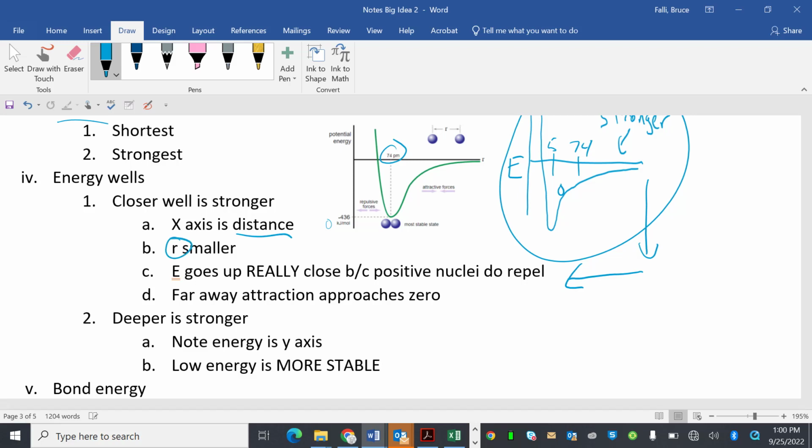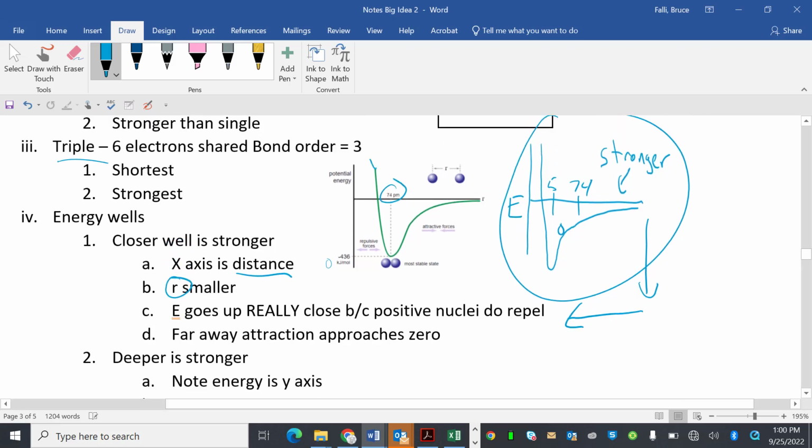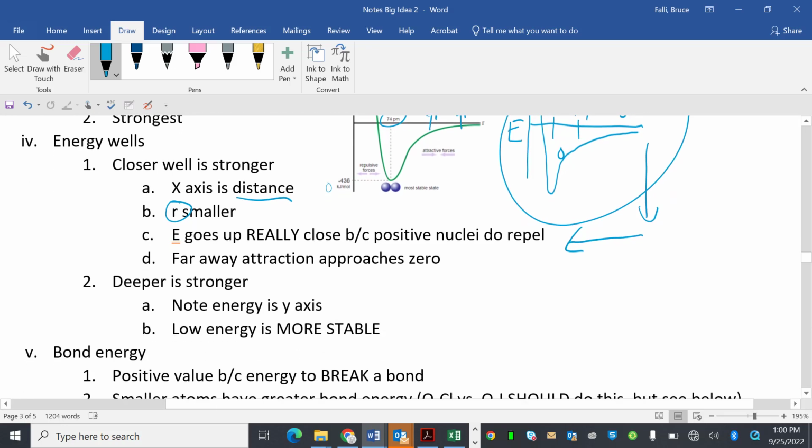Energy goes up really close. So notice how as I go here, this is approaching infinity. And the reason why is if this is nucleus 1 and this is nucleus 2, they're both positive. And if you put 2 positives close to each other and keep getting closer and closer, repulsion goes up exponentially because it's a radius squared deal.